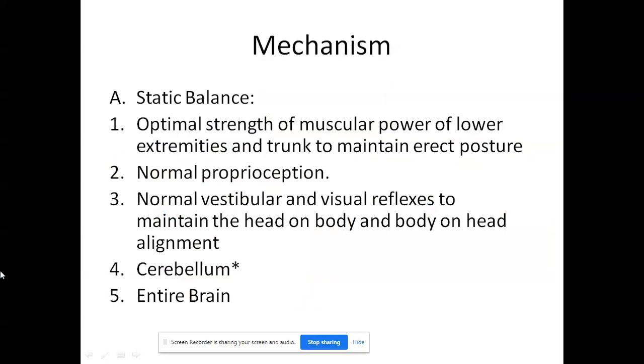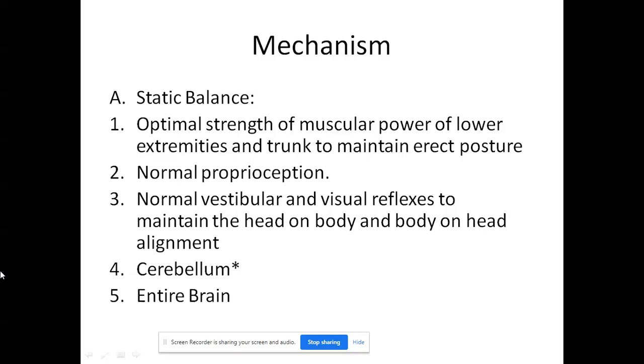Coming down to how the body maintains static balance, these are the mechanisms provided by the body in order to maintain static balance. First one is optimal strength of trunk and lower extremity musculature in order to maintain erect posture. If this musculature doesn't have optimal strength, the overactivity of the stronger muscle can lead to a fall of the body. Second point, normal proprioception.